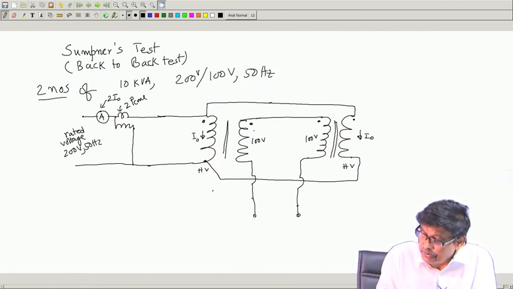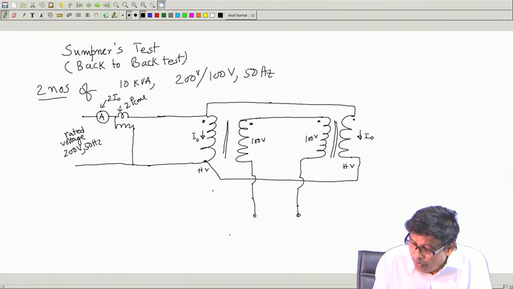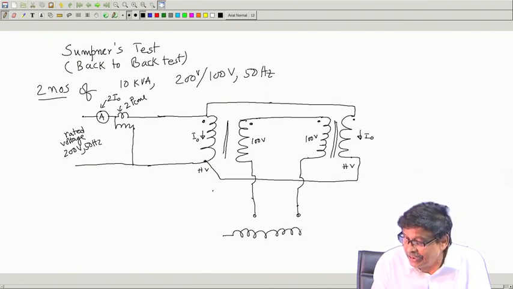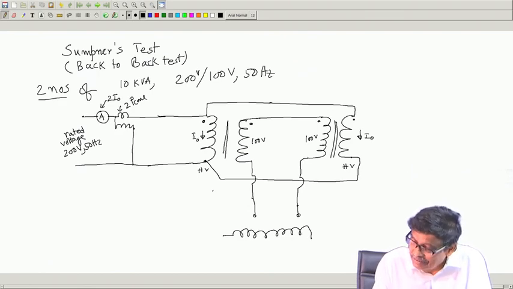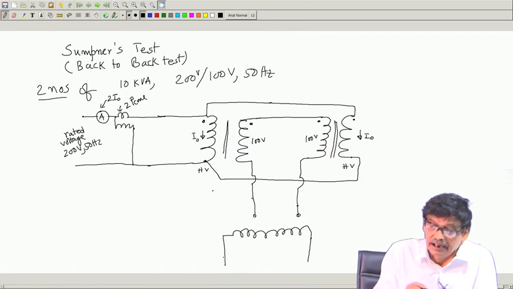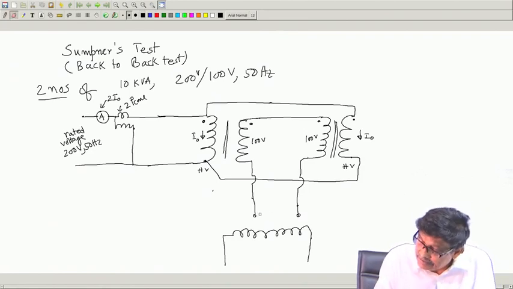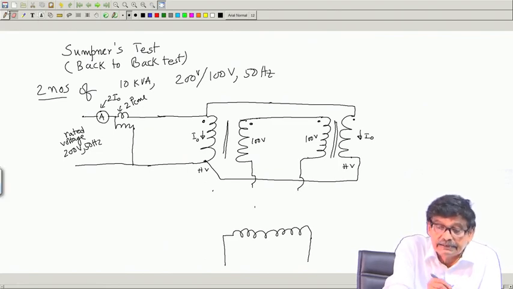Now, what you do, you take an auto transformer here, I mean I should say a variac, in the laboratory. Oh, I should draw, some space is necessary. So, you connect it like this.